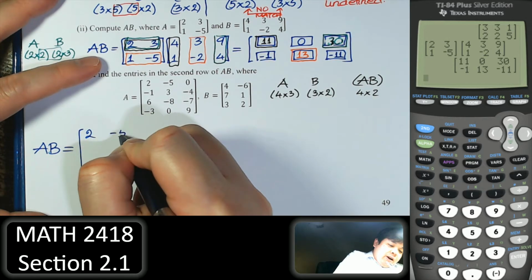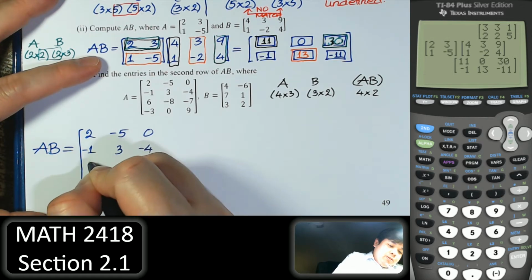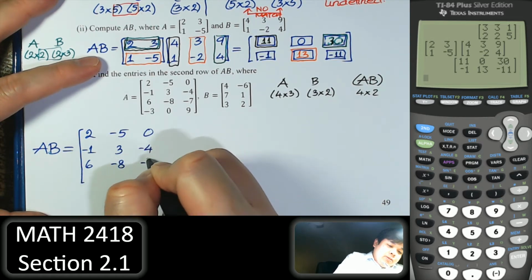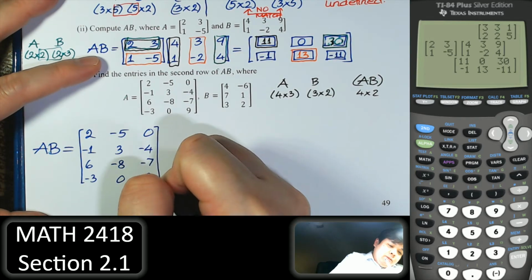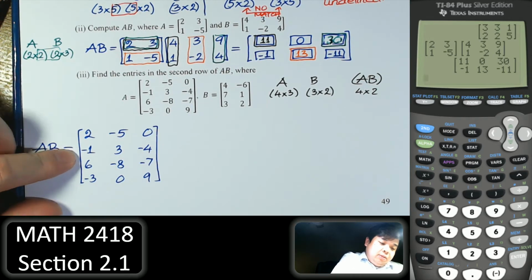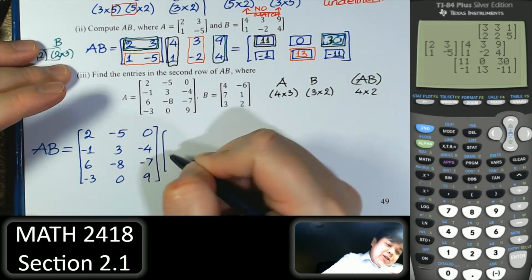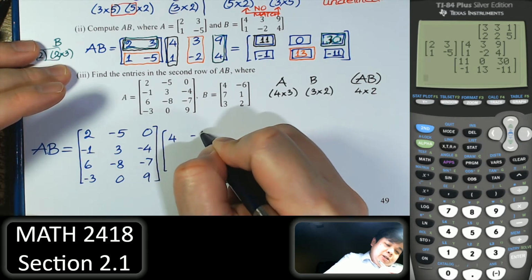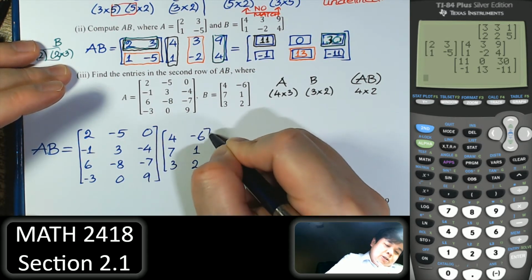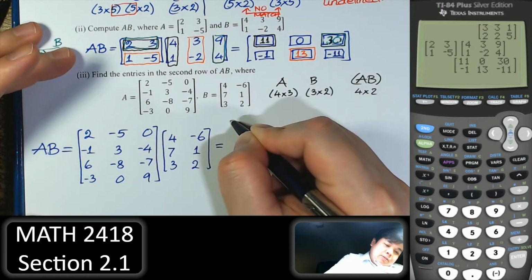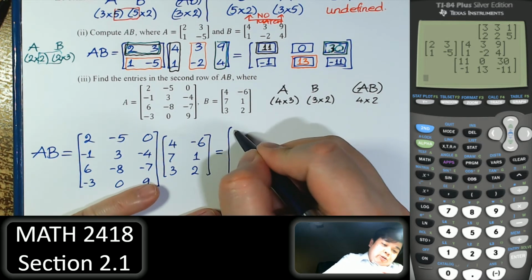To -5 and 0. Right, times B. Right, the product is going to be a 4 by 2 matrix, so 4 by 2.